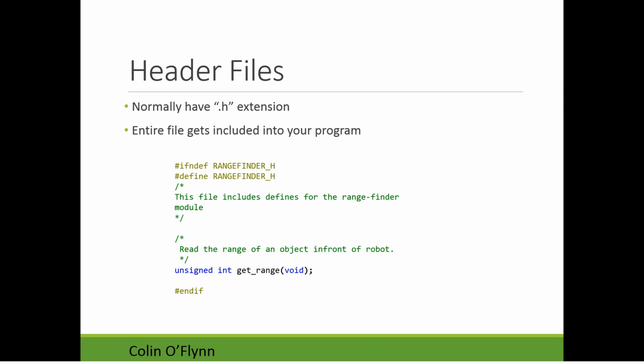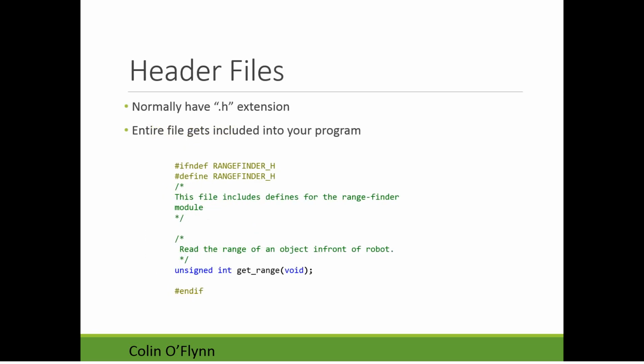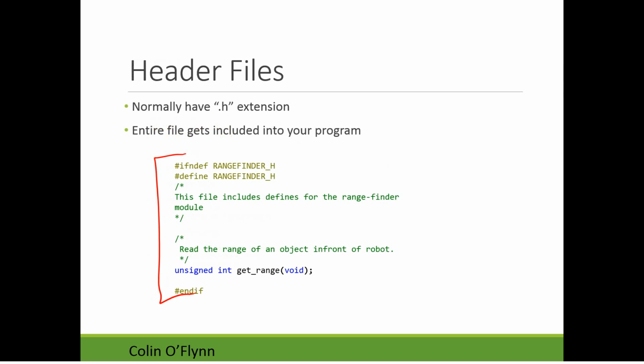All of this data is in fact copied by the compiler and put in. So if this was rangefinder.h, it's literally going to replace this line with everything that's in that other file before it continues. It's just going to take that file and paste the whole thing in there. This is all seamless to you, so you don't see this happen. And this is what the file would typically look like. I declare that, hey, I have this function called getRange.